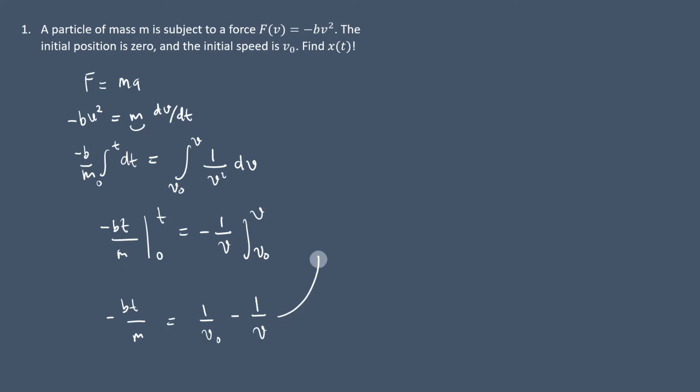Okay, and we can write it as 1/v equals bt/m plus 1/v0.